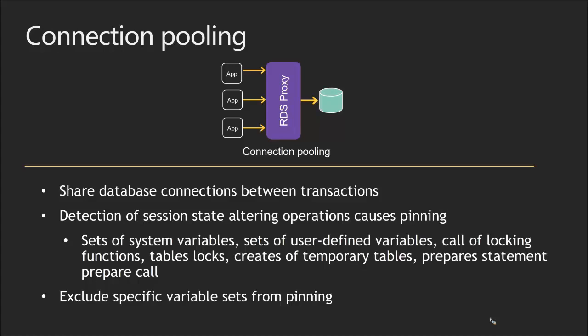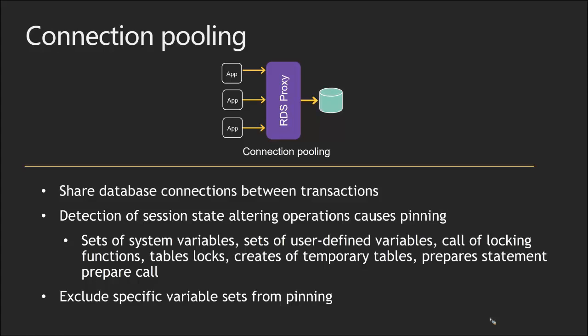So what might happen is that if your application sets certain states in the session, certain system variables, or other types of database options, it makes it harder for us to reuse that connection to the database between that session and some other session.